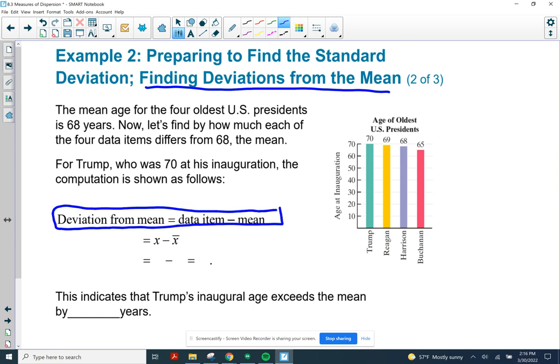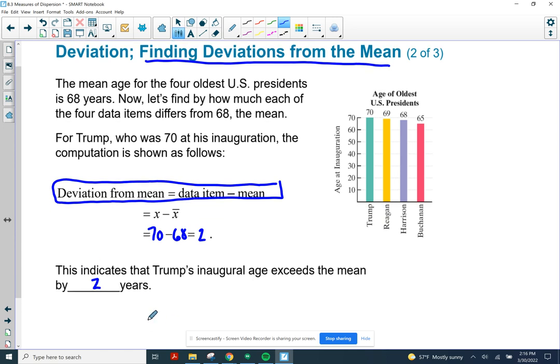Let's say we wanted to do the deviation from the mean for President Trump. His deviation from the mean would be 70 minus 68, which would be 2. Which means his age exceeds the mean by 2 years. It's 2 years larger than the average, 2 years more than average.